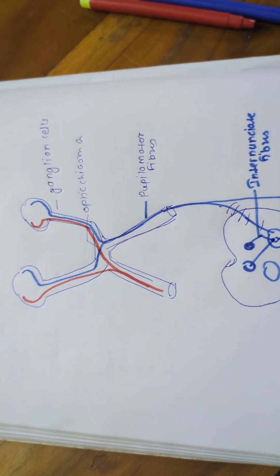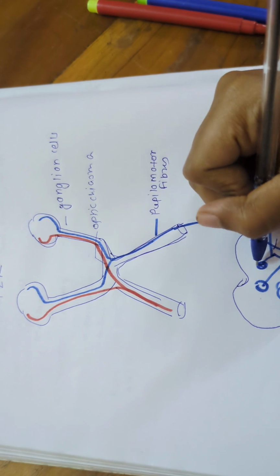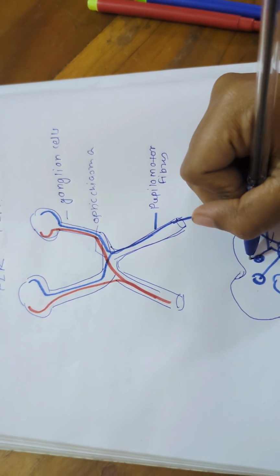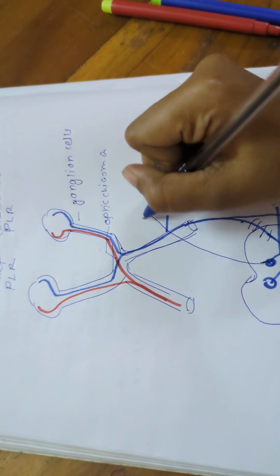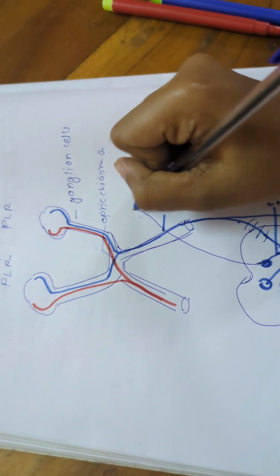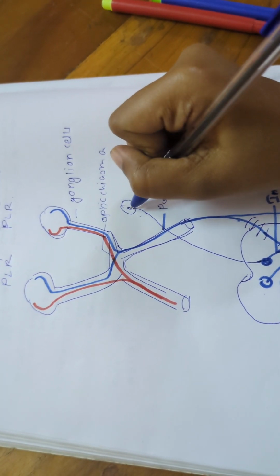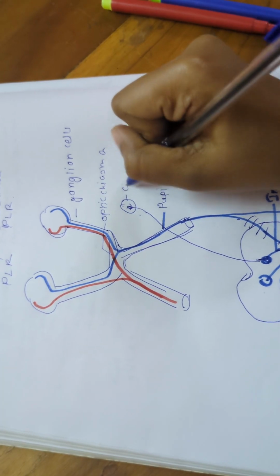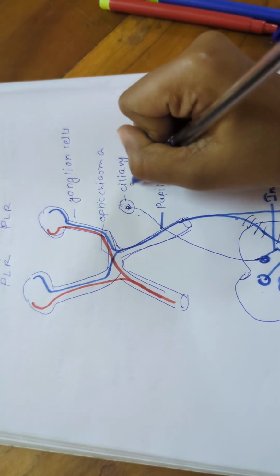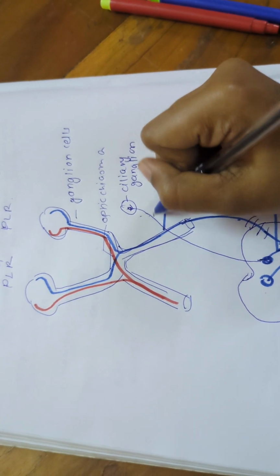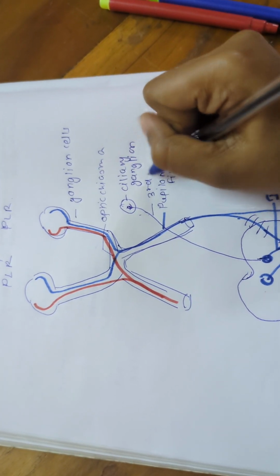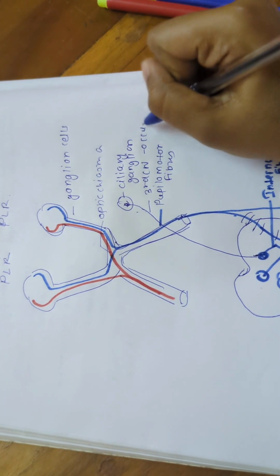These fibers further travel as preganglionic fibers. There is a ciliary ganglion. This is ciliary ganglion. And these fibers travel along the third cranial nerve, which is oculomotor nerve.